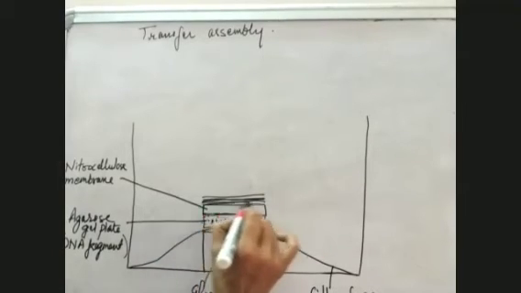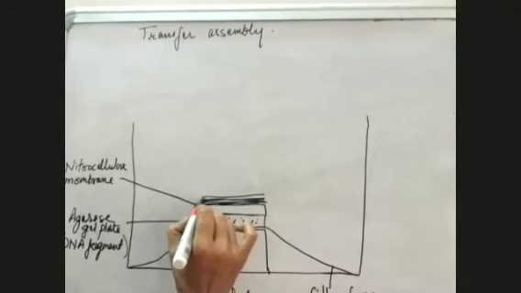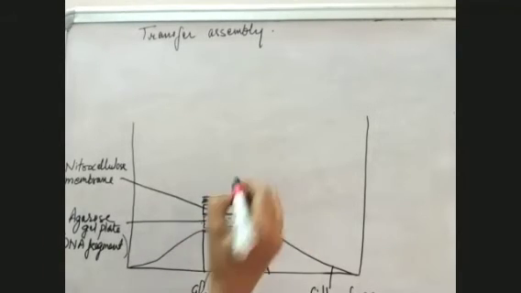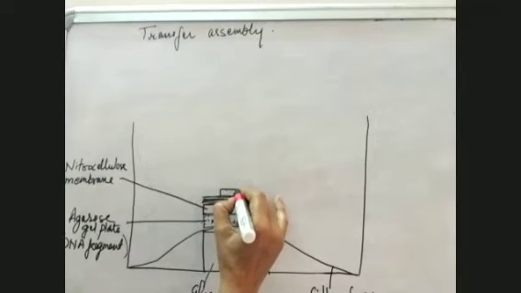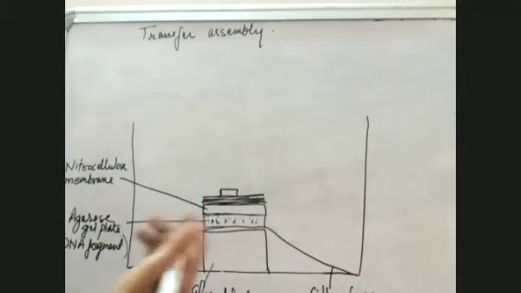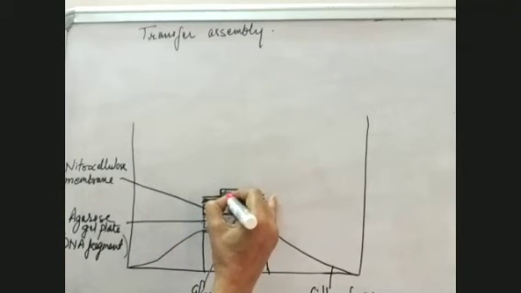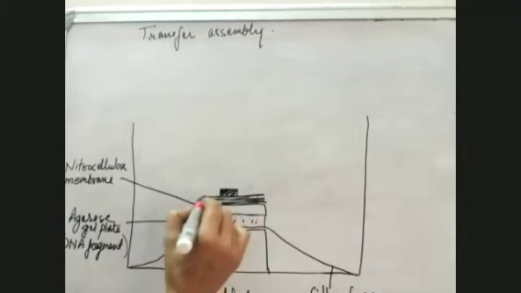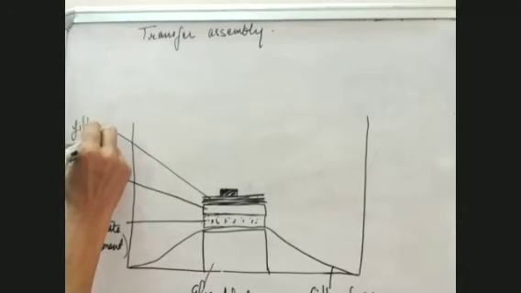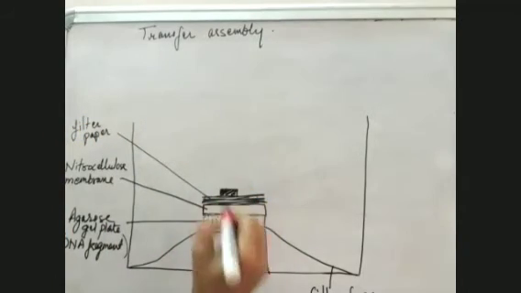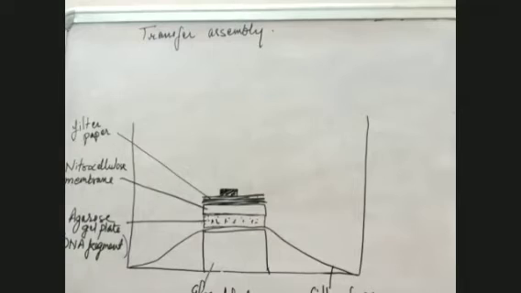And then above this we keep some heavy material, like a paperweight, so that the assembly doesn't move. This is a heavy weight which is kept so that the assembly doesn't move.